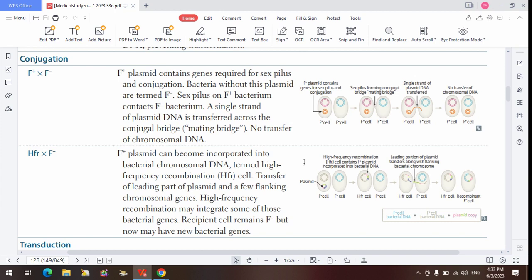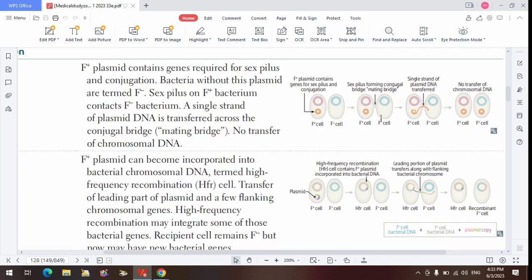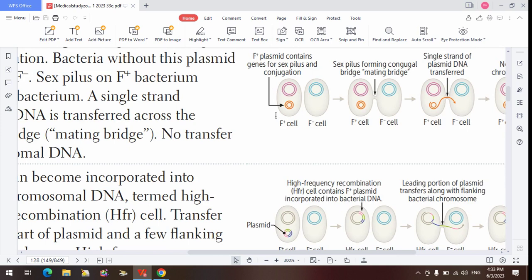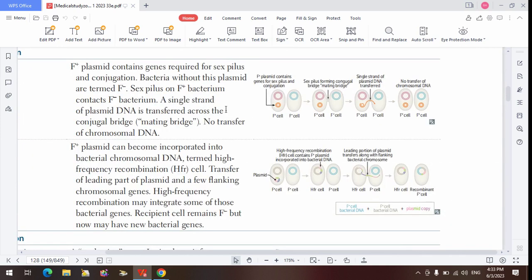That pilus, whenever it is expressed, allows for formation of a mating bridge. You can see this picture. You can see this bridge in between them. It is due to the fact that they have the pilus. So it is the pilus that helps to form that mating bridge.